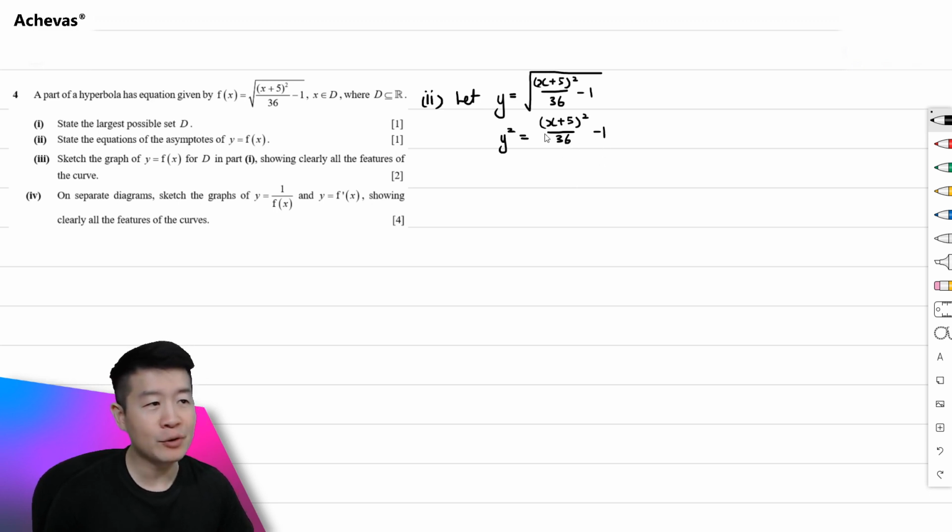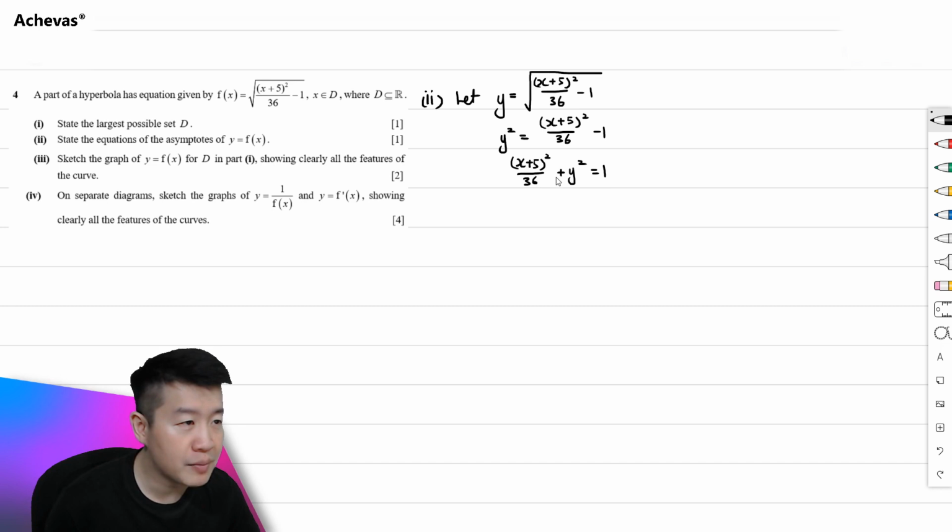I'm going to bring y over to this side and the 1 over to this side. So we will have (x plus 5) squared over 36 minus y squared, this is equal to 1.